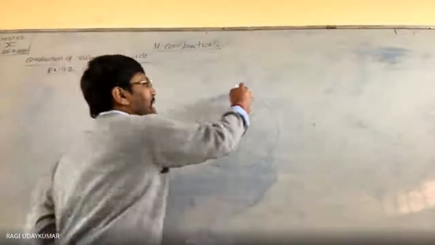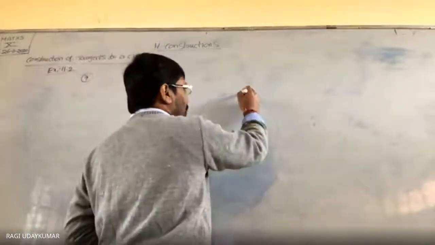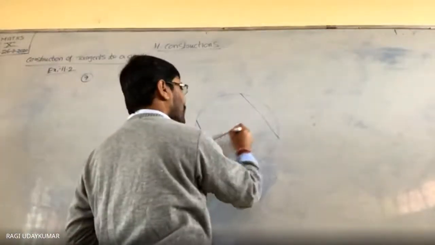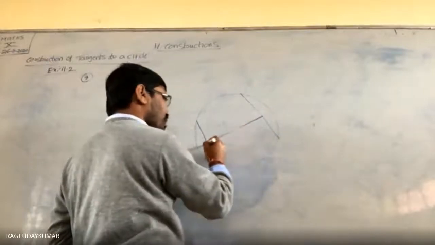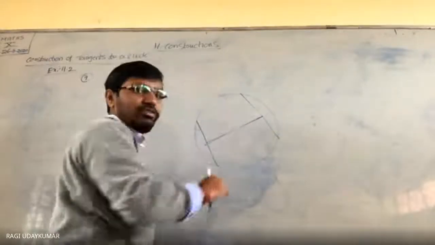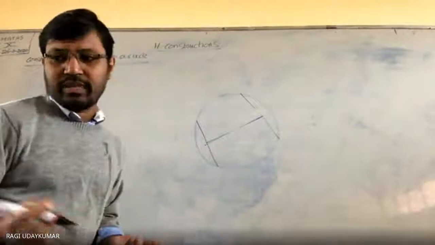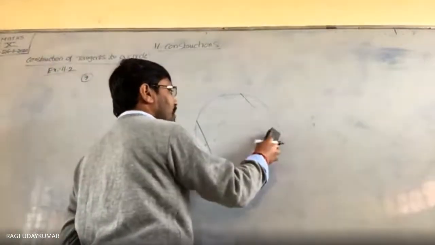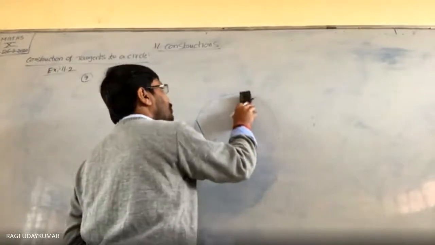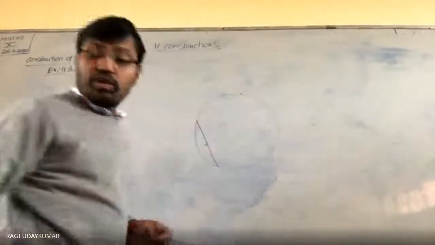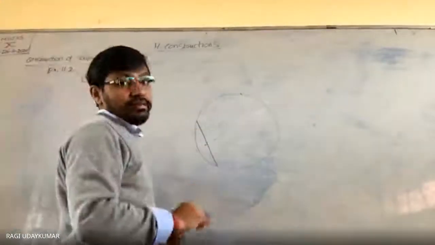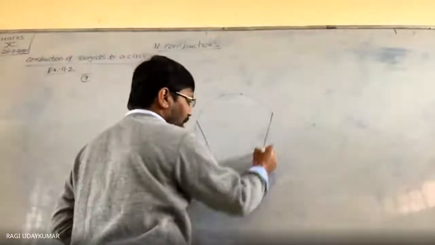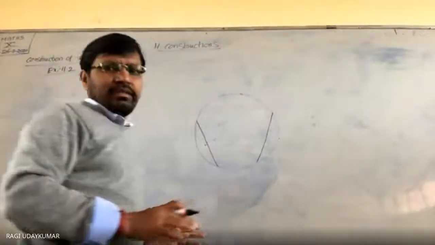If you take the parallel chords, ये parallel suppose, इसका perpendicular bisector यही होगा, इसका perpendicular bisector यही होगा. But now the center is where we cannot find it. Okay, so that's why the chords whatever you are taking should not be parallel. So you take like this any length of your choice.